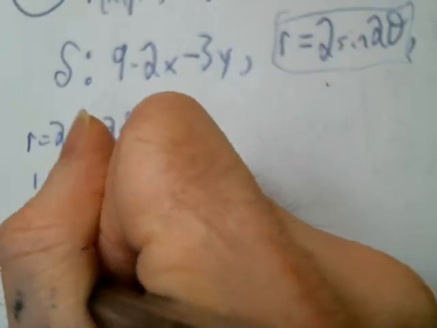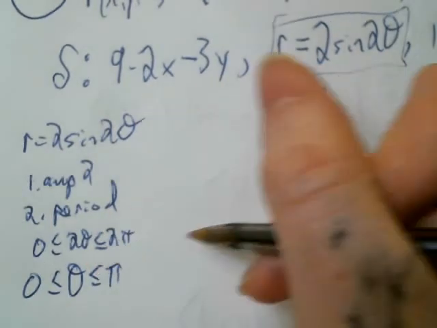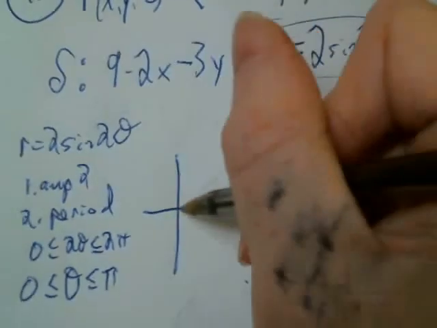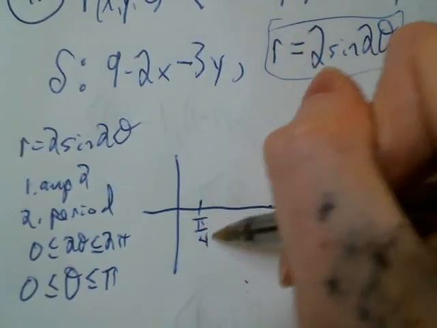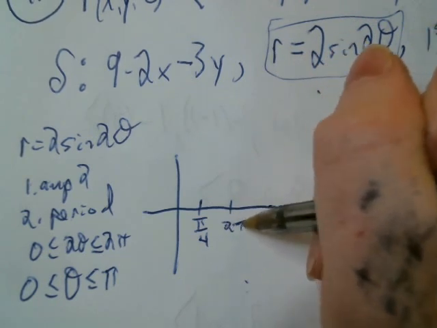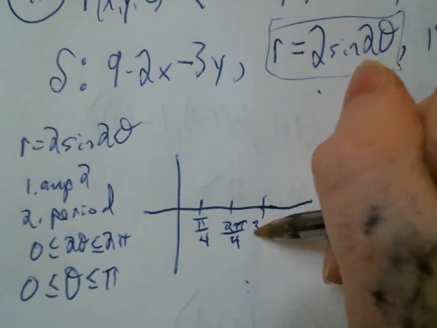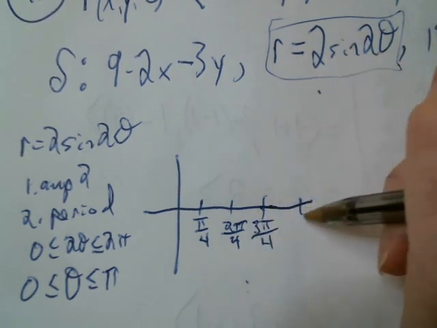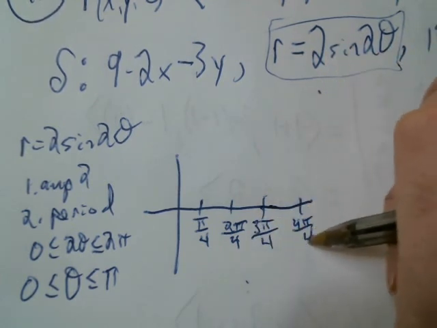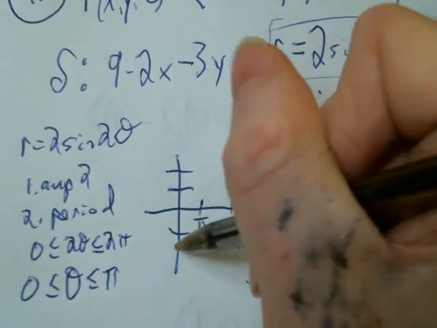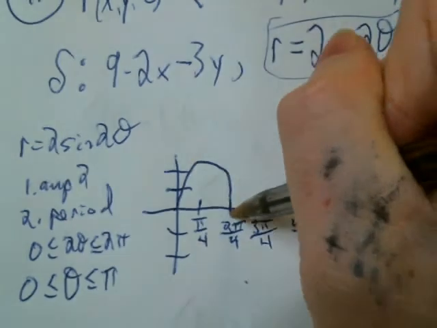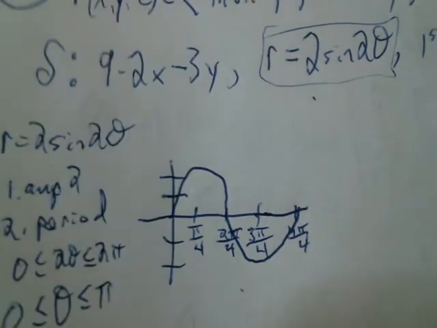Theta is in between pi and 0. And then I could section that off into 4 parts, going by pi over 4s, which will give me 1 complete cycle. So amplitude 2, it's going like that, and then back down, and then back up.